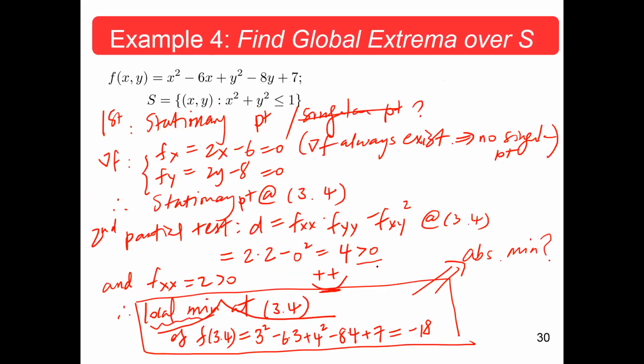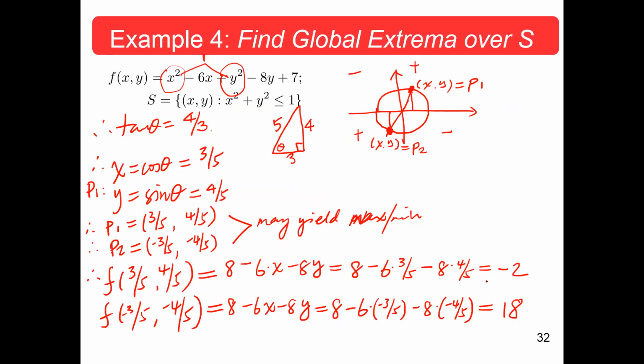First of all, we have this extreme value, right? Local min of f(3,4), which is -18. So there is a -18 function value at 3,4. And we have -2 at 3/5, 4/5. And we have 18 at -3/5, -4/5.